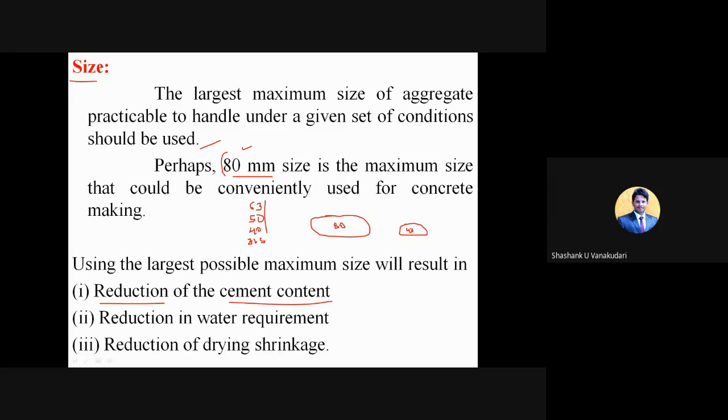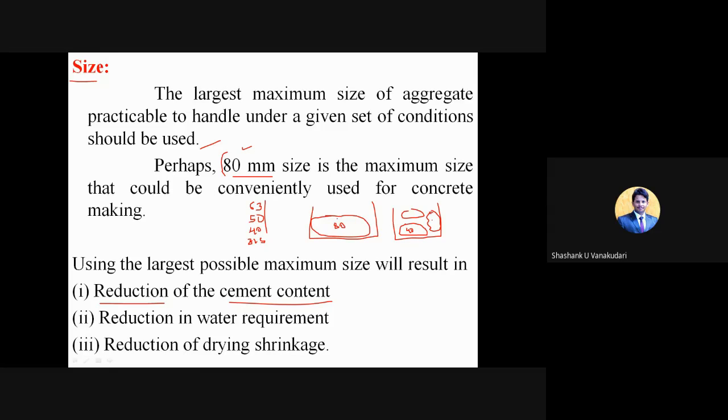So here the surface area will be more in 40 mm compared to 80 mm, because in one particular volume you have placed the 40 mm aggregates, and in one particular volume portion you have placed 80 mm aggregates. Clear? So where you have used smaller particles, that will have more surface area, right?